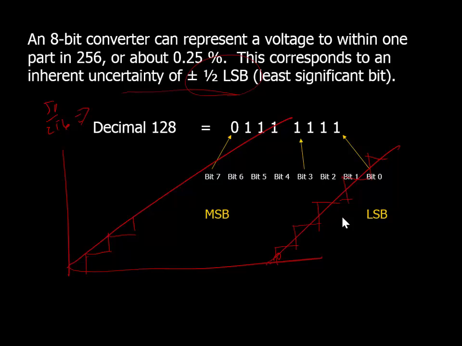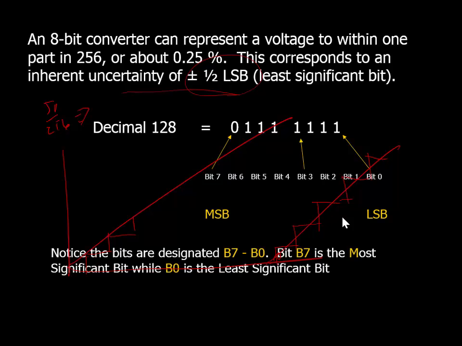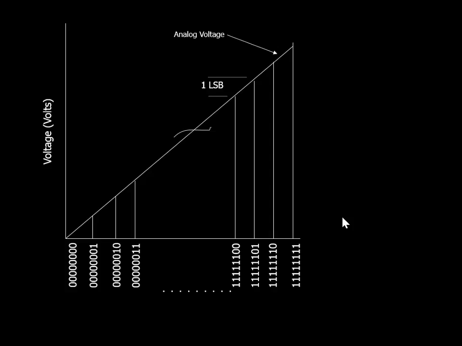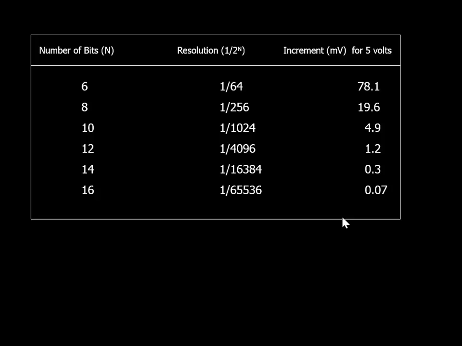So again, it goes through the same calculation. This is the same slide that I showed, one least significant bit. This is our conversion factor that we're looking at. This is our number of bits. This is the table for 5 volts. Remember that our microprocessor uses 3.3 volts.